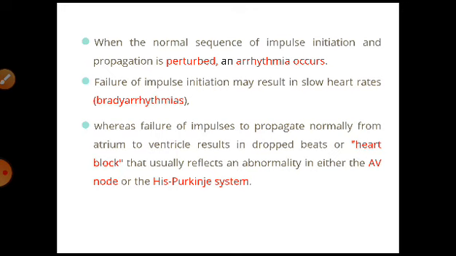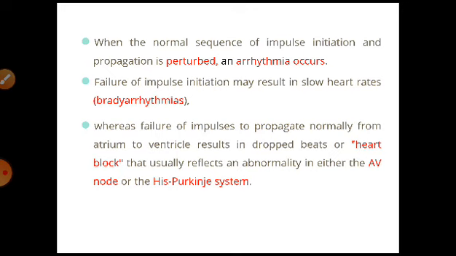So one thing we can summarize here, that if the normal sequence of impulse initiation and propagation fails or is disturbed, it causes arrhythmia. If it goes slow, bradyarrhythmia. Another condition is the failure of impulses to propagate normally from atrium to ventricle. If it is not reaching from atria to ventricle, and it drops its beat, that condition we call a heart block.